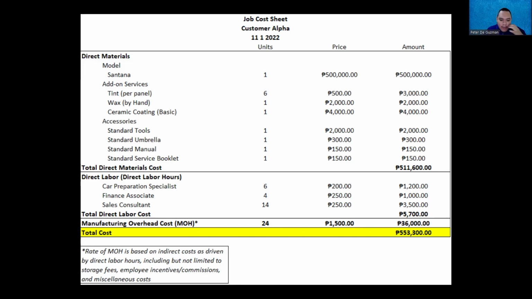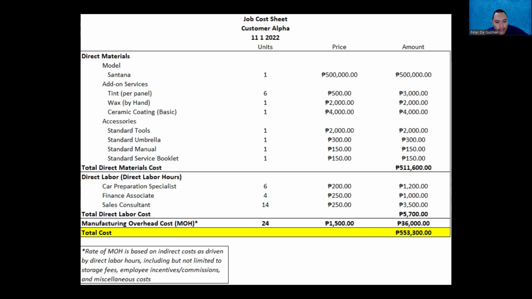For the sake of simplifying this example, the decision was made to use direct labor hours, because this is data that is already readily available and obtainable from the direct labor hours section right above, comprised of the direct labor hours of the car preparation specialist, the finance associate, and the sales consultant.